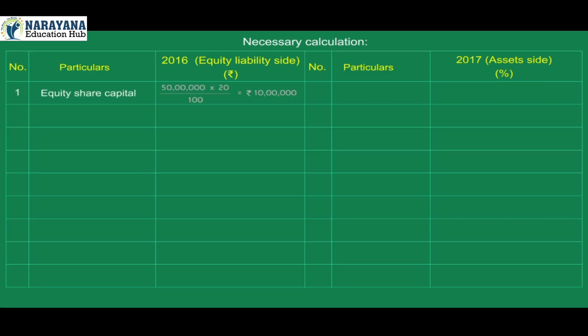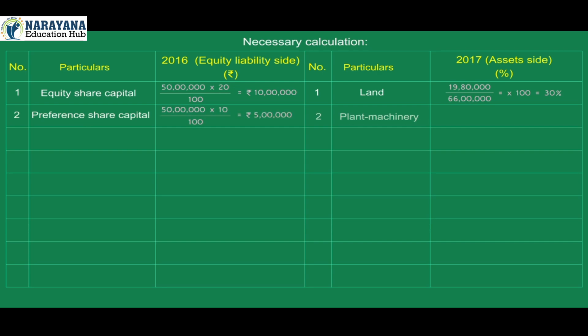1. Equity share capital, 50 lakh into 20 divided by 100 is equal to rupees 10 lakh. 1. Land, 19 lakh 80,000 divided by 66 lakh into 100 is equal to 30%. 2. Preference share capital, 50 lakh into 10 divided by 100 is equal to rupees 5 lakh. 2.